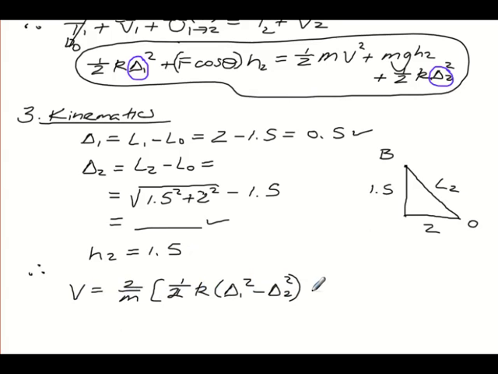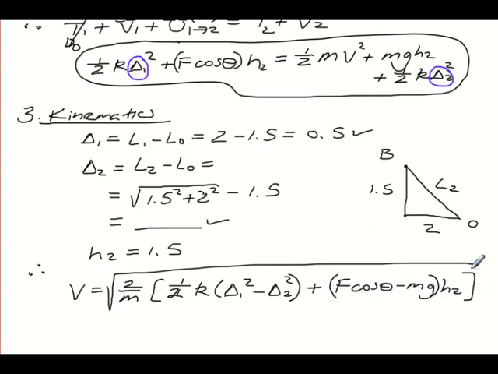We're going to have an F cosine theta, subtract away an mg times h2, like that, and we take a square root.